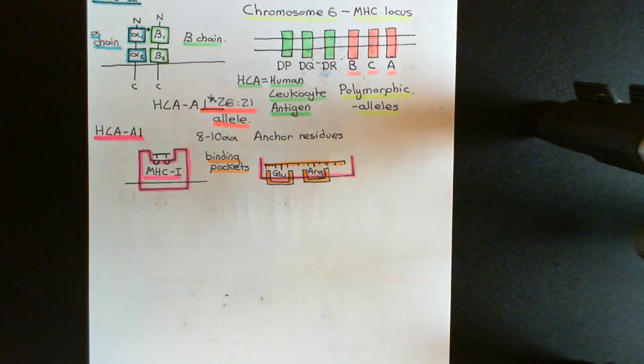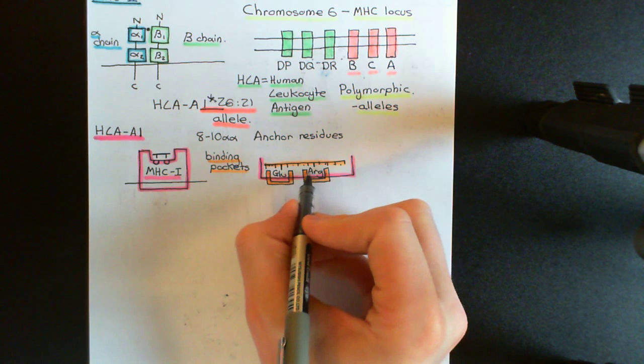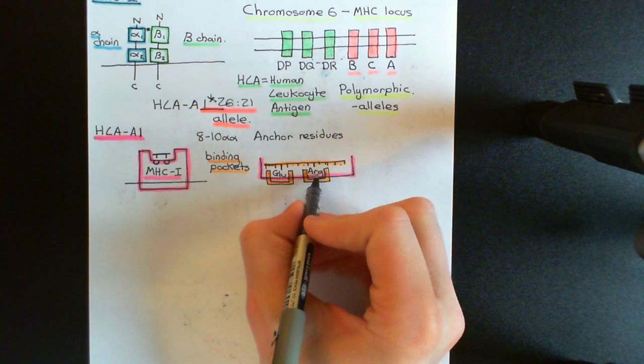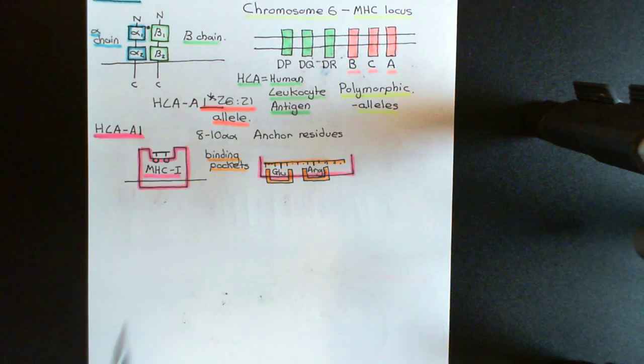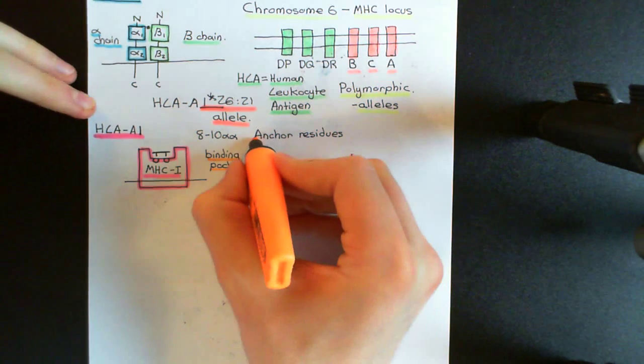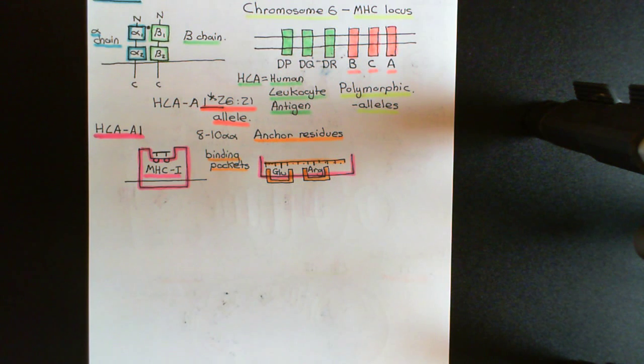You can have whatever you like there, just as long as in position 2 and position 5 you have these specific amino acid residues, a glutamate and an arginine, which can fit into these peptide binding pockets. Then the peptide fragment will bind. And these residues, the glutamate at position 2 and the arginine at position 5, these are called the anchor residues because they anchor the peptide fragment in the peptide binding groove.